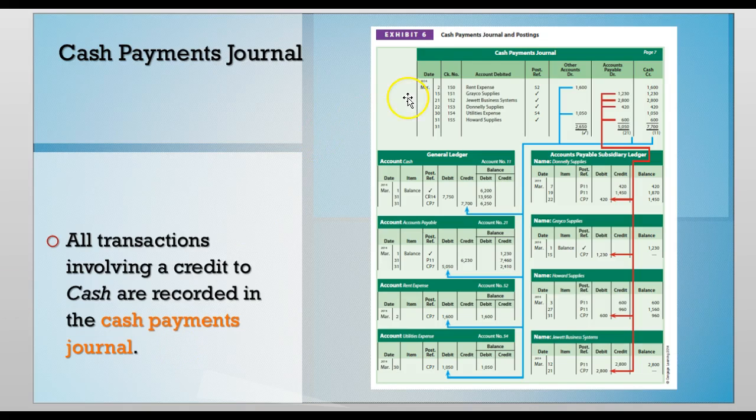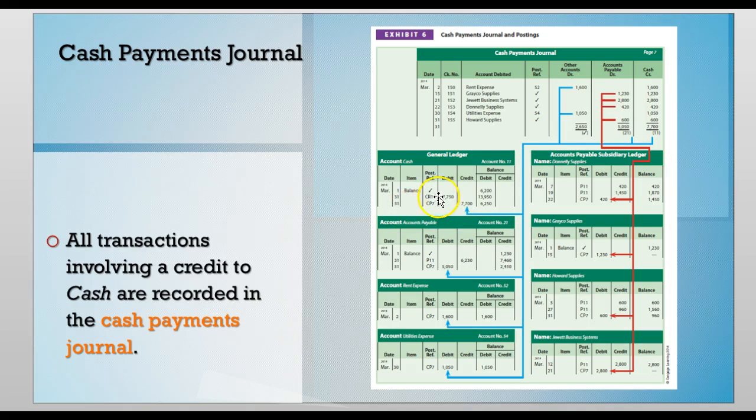This one is the cash payments journal, and this is when we pay cash for stuff, and that would include writing checks out. So let's look at this. We've written out a bunch of checks. Let's see, we had rent, we've had supplies, we've got systems, that must be for consulting, and these are other accounts.